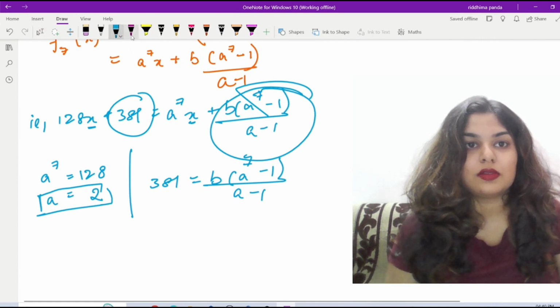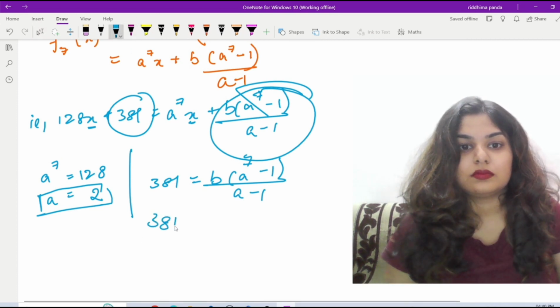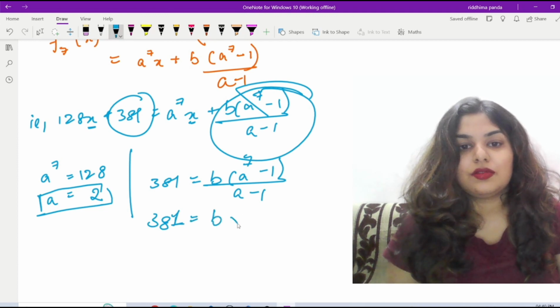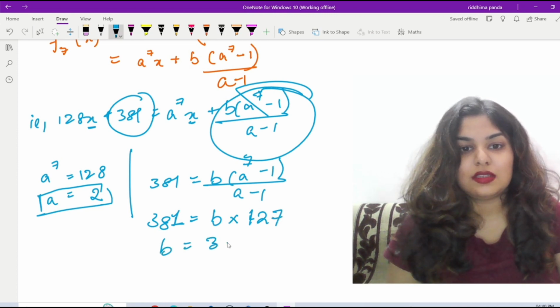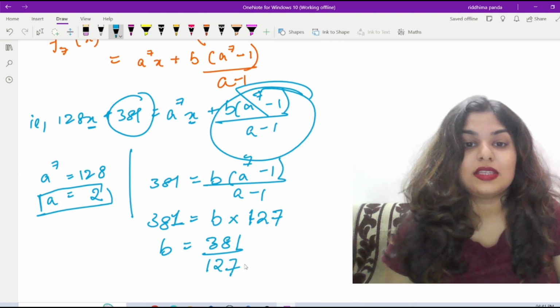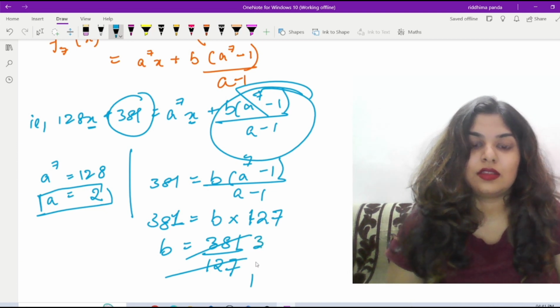That means 381 is equal to b into 127. So b is equal to 381 by 127, and 3 sevens are 21, 3 into 6 is 18 plus 2 is 20, 3 ones are 3, so that is 3.